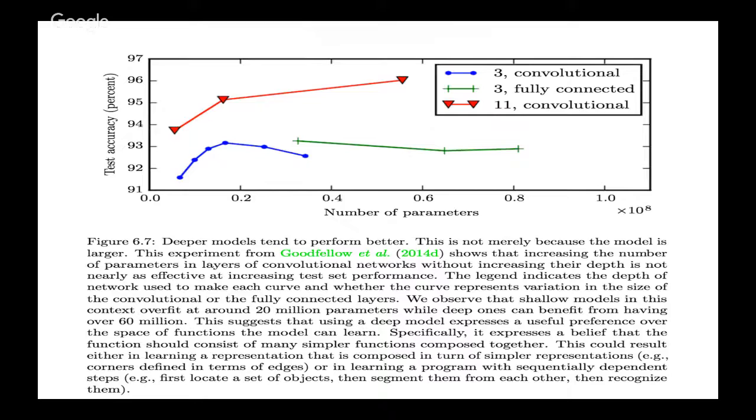So here is a graph of 3 different classifiers. One is a depth 3 convolutional network, the other is a depth 3 fully connected network, and the third one is an 11 depth convolutional network. And if you see, the 11 depth convolutional network has a better test accuracy for the same number of parameters.